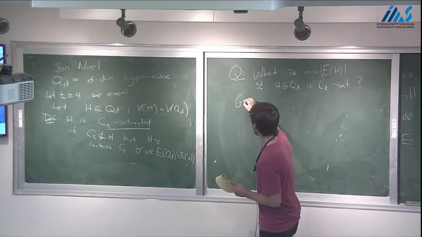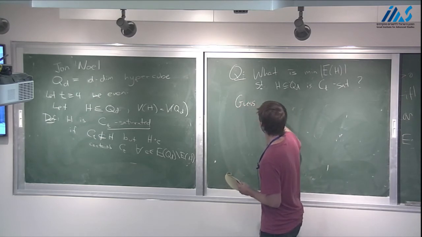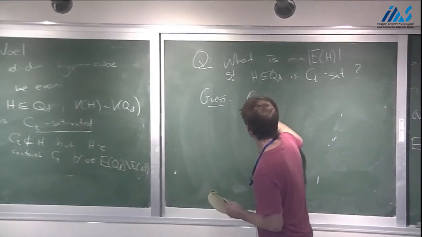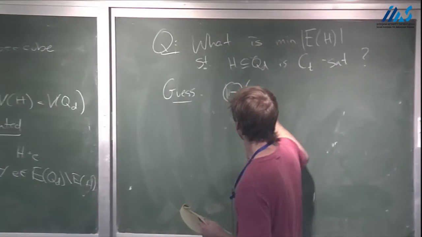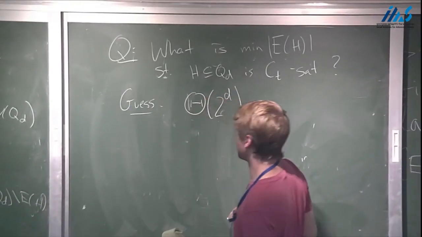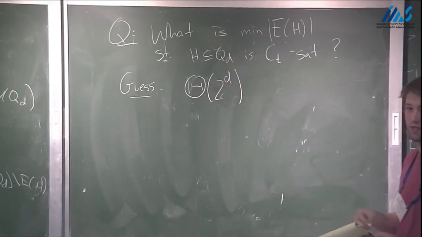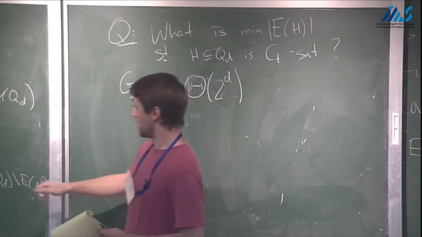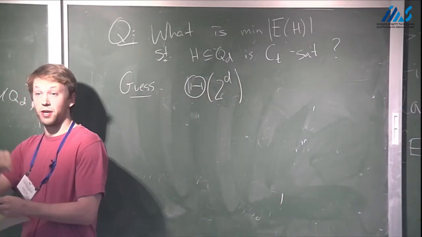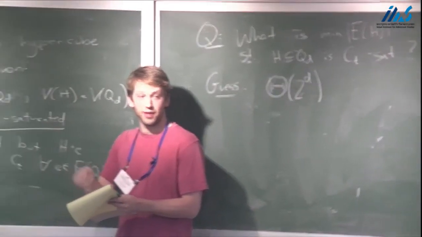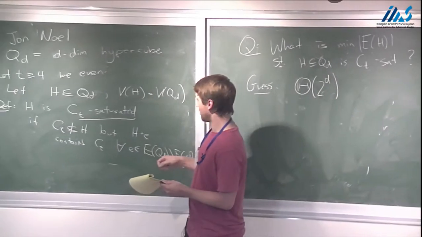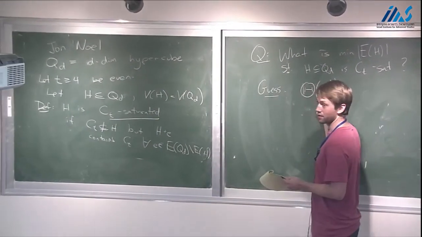So, I guess a guess would be maybe linear in the number of vertices, perhaps. If instead of being saturated with respect to cycles, it was saturated with respect to small hypercubes, then we know that this is the answer.